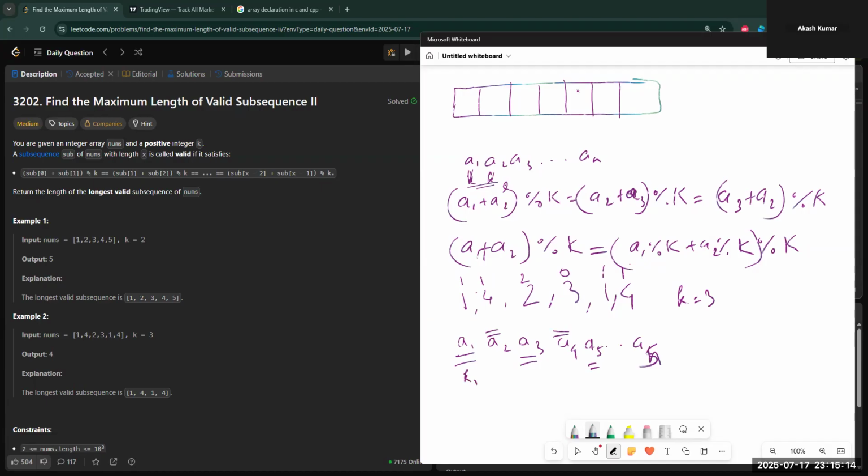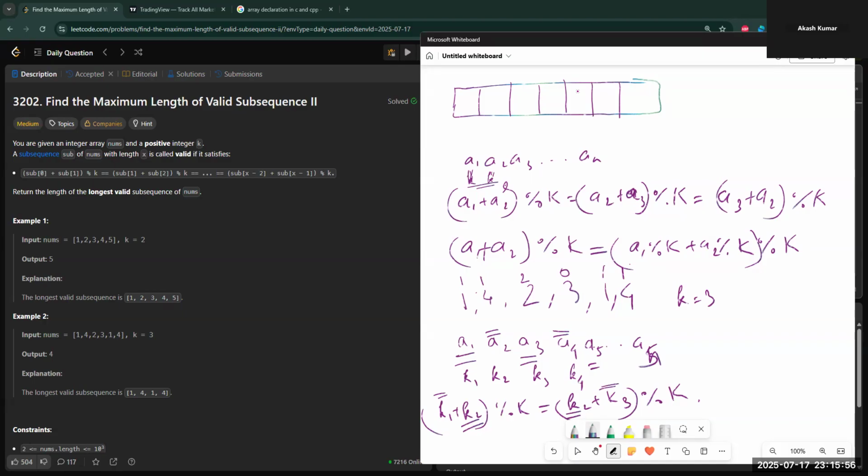If K1 plus K2 modulo K equals K2 plus K3 modulo K, then because K2 is the same in both, if K1 and K3 are not the same, the modulo values will not be the same, right?